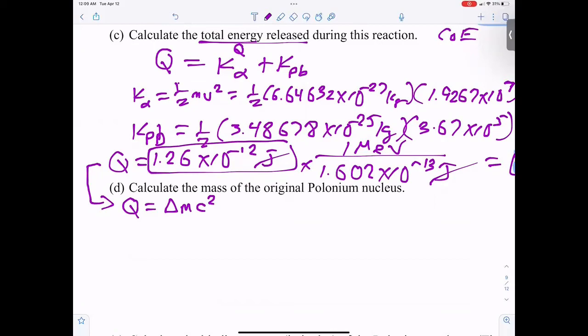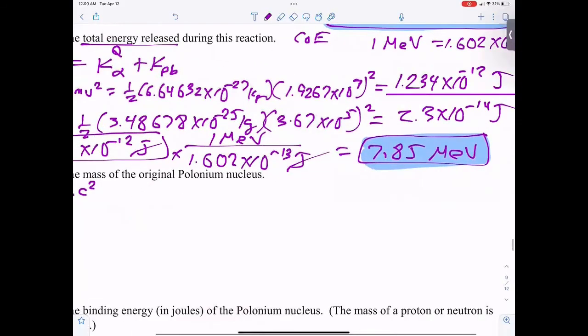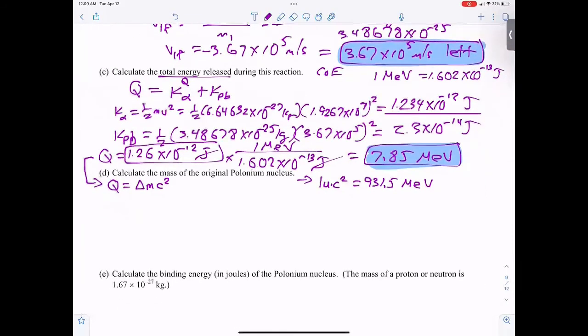Okay, so we also have another conversion that says 1 atomic mass unit times C squared is equal to 931.5 mega electron volts. That will become very handy as we go.